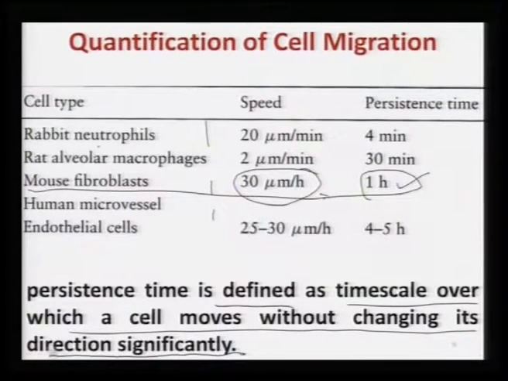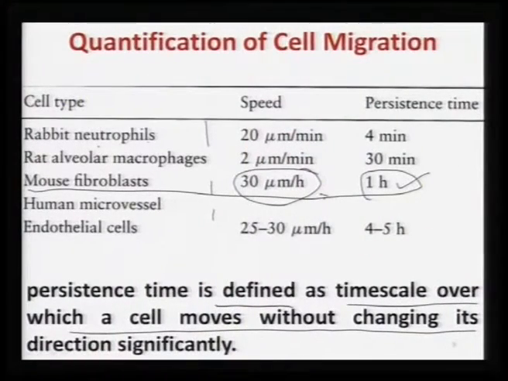So, a mouse fibroblast cell can move in a straight line for 1 hour before it changes its direction, maybe 90 degrees or 45 degrees, and goes in another direction. Similarly, for rabbit neutrophils the speed can be 20 micron per minute and the persistence time can be 4 minutes. Let us continue with the cell migration.